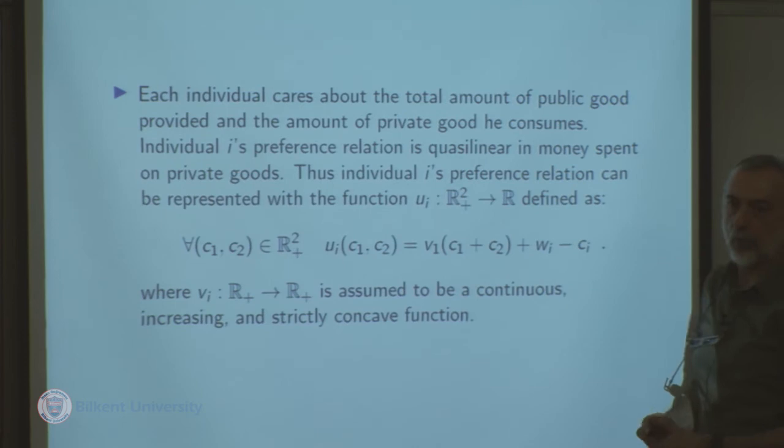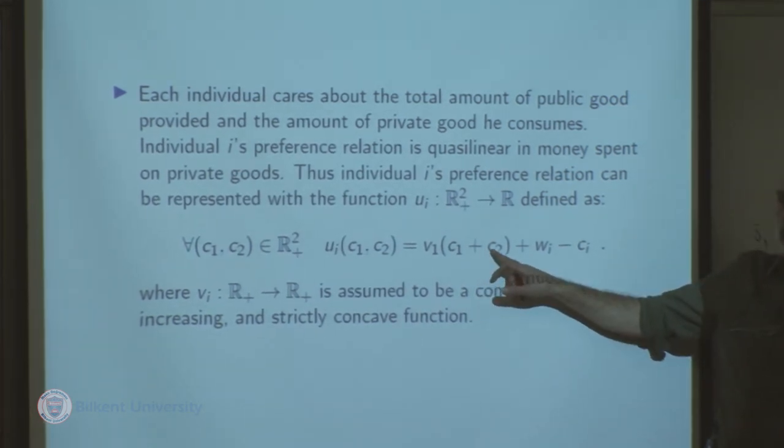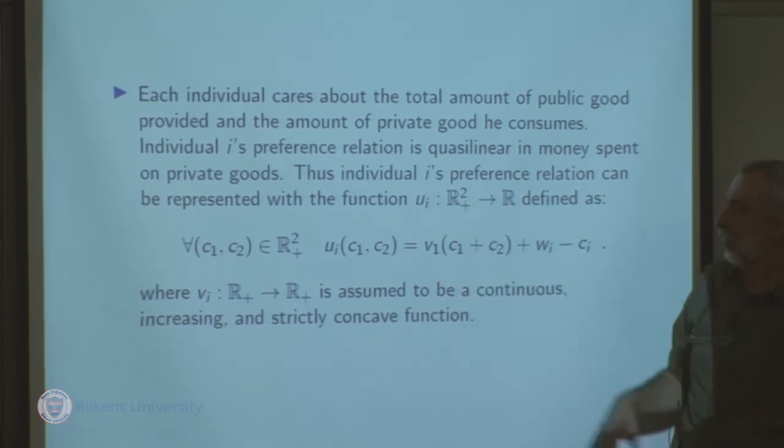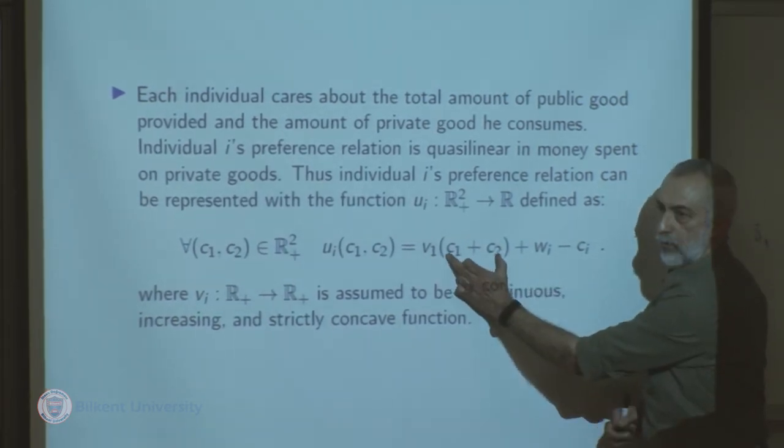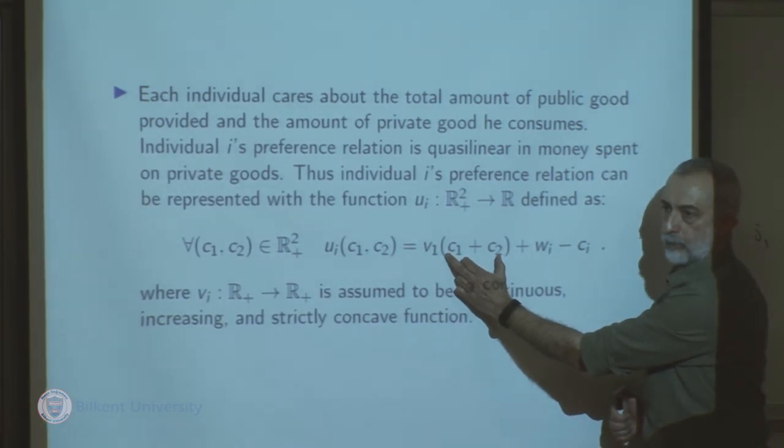Well, the amount of the public good depends on how much agent 1 and agent 2 contributed. So this is a function of the public good, okay?